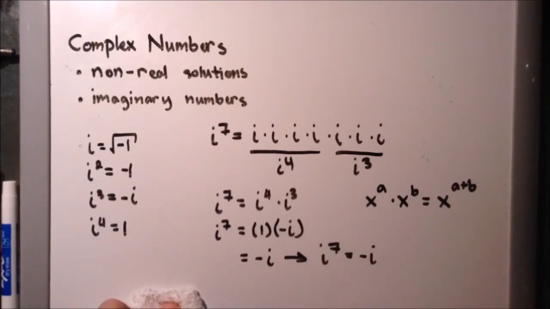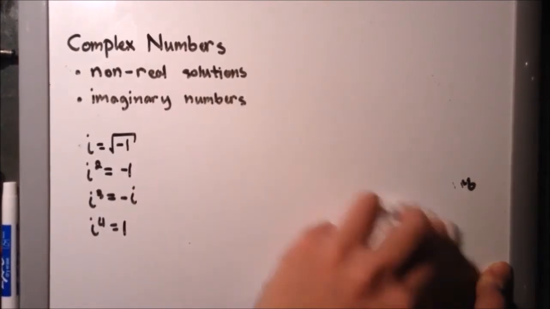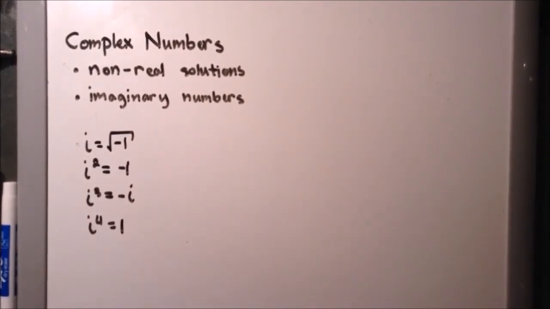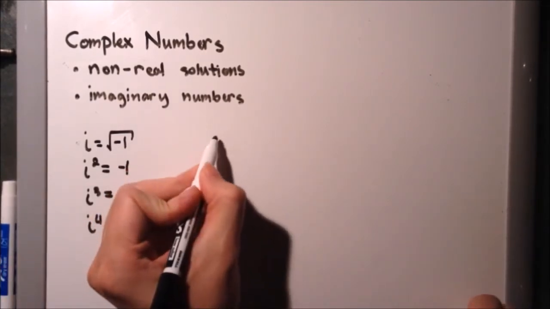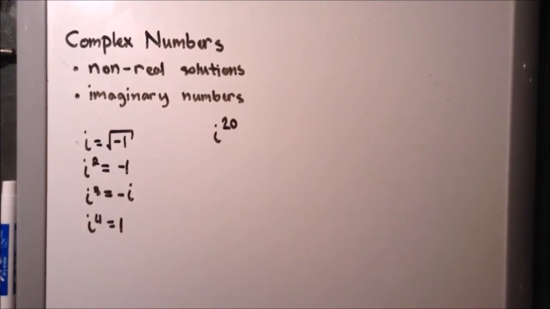But what happens if, instead of i to the 7th, we have a higher power? Say we have i to the 20th power. Now, you can expand it 20 times, but that's going to take a lot of writing and a lot of time. So, again, when we're simplifying, we always start off with i to the 4th.